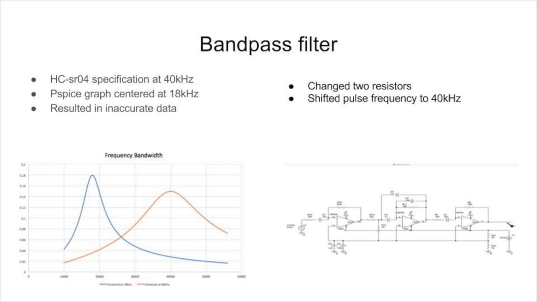And this could show the reason why we were getting inaccurate readings based off the original schematic layout and component values. So our next step will be to change specific resistors along with the microcontroller in order to have the bandpass filter centered at 40 kilohertz where it originally needed to be, and conduct further experiments to see if that will change the accuracy within our ultrasonic sound sensor.